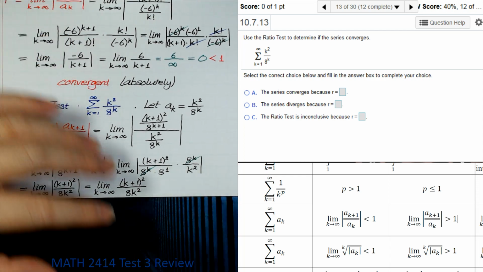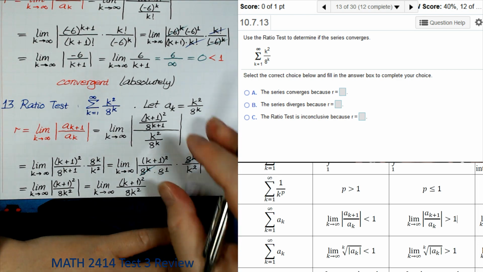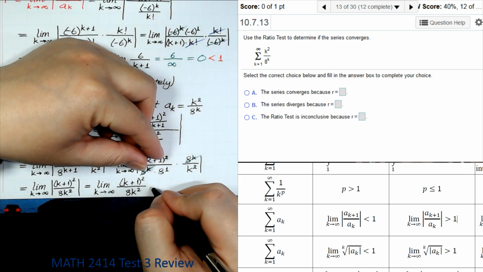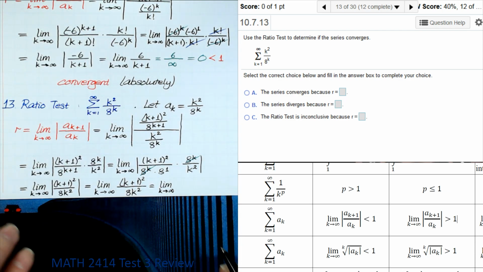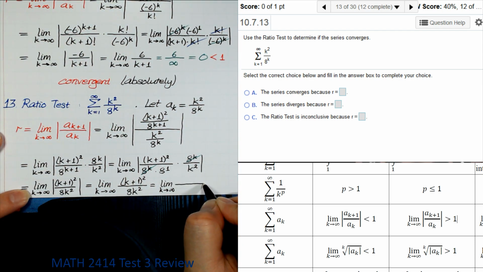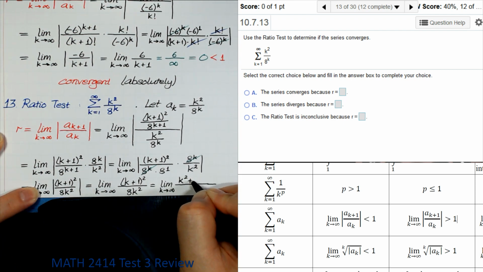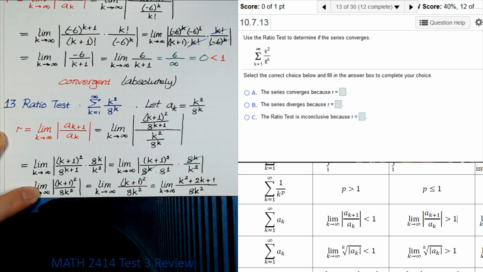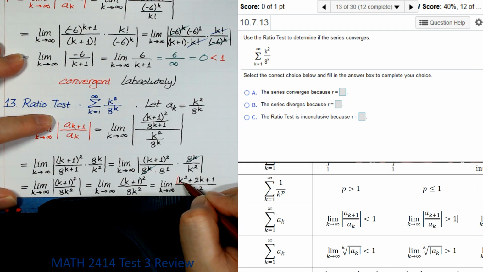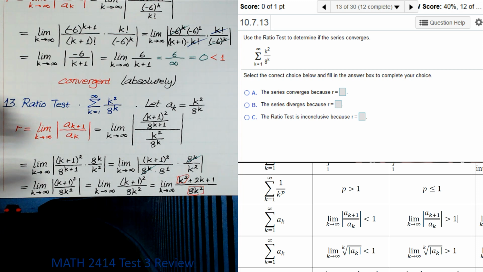Right. From this point, we can just say k plus 1. K has a higher power than 1, so we just ignore the 1 and go from there. But I'll just multiply it out. K plus 1 squared is k squared plus 2k plus 1. And as k goes to infinity, the highest powers dominate.